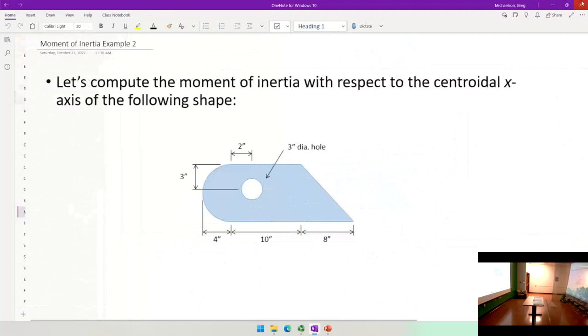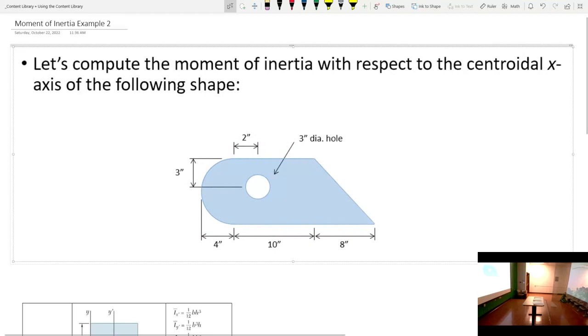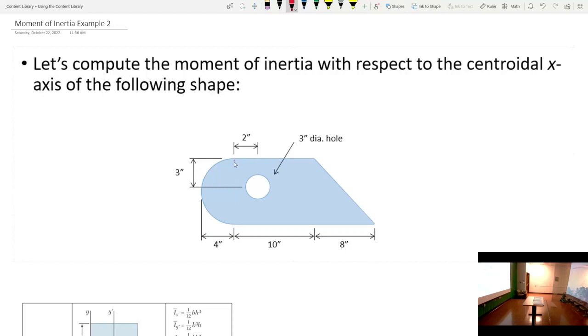All right, so here's the problem. Here we go. Okay. So the first thing I'm going to do is I'm going to take this region and I'm going to split it up into some very simple shapes. So we'll do this, and we'll do this.